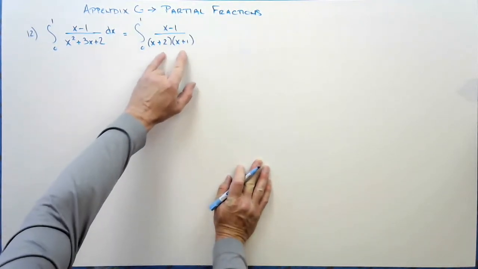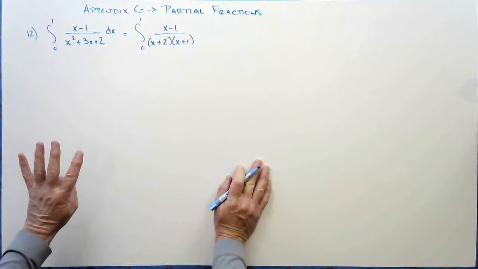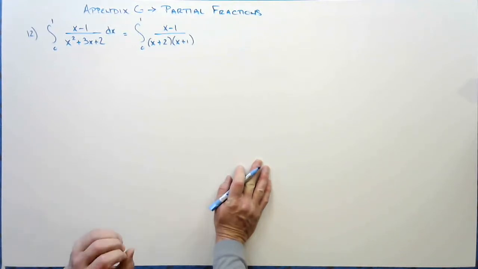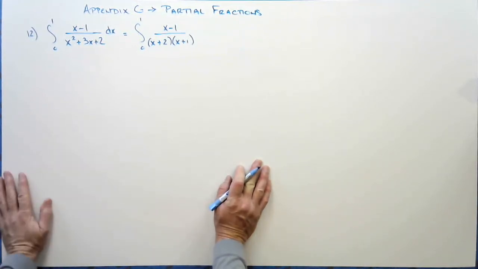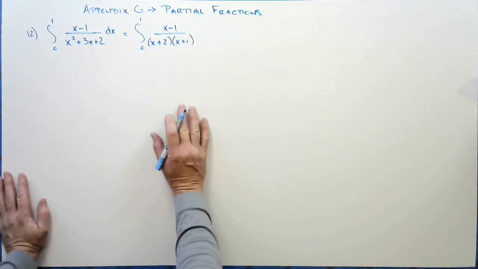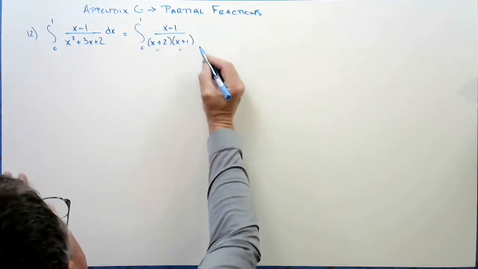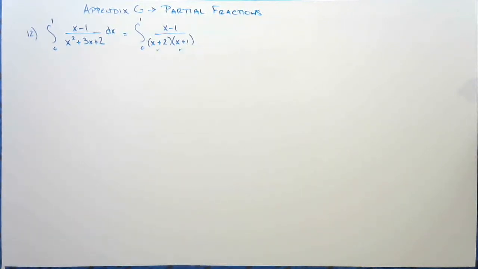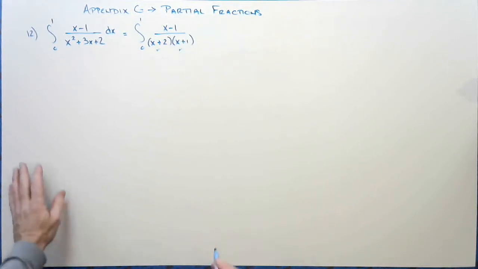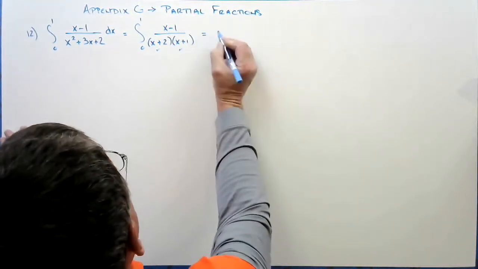And then we ask ourselves, which of our 4 cases am I going to employ to solve this problem? This is case 1. We have a linear factor and a linear factor, and they are distinct. So this is a case 1 partial fraction.